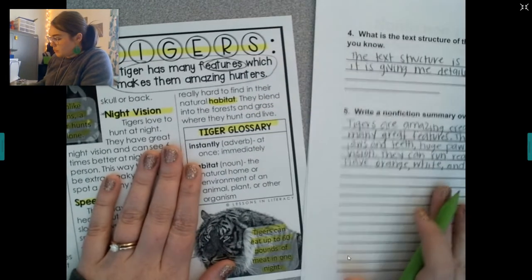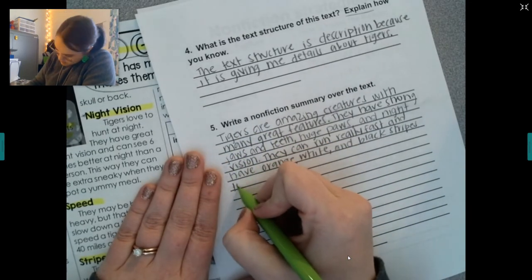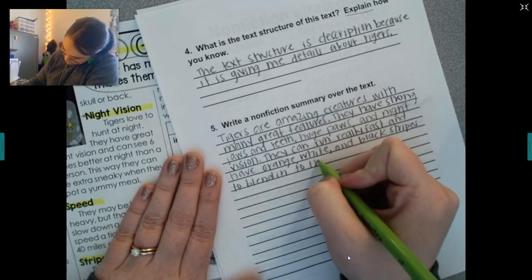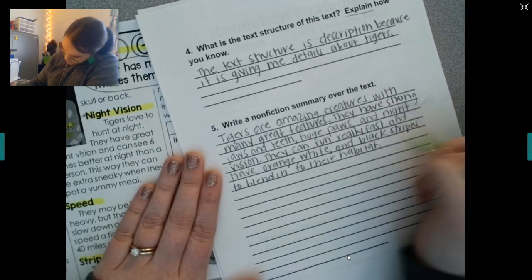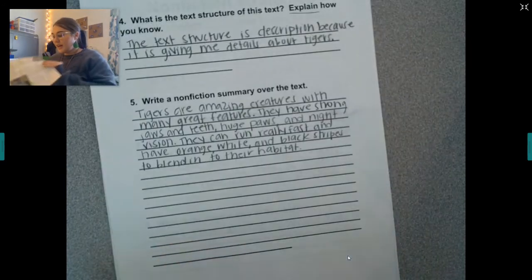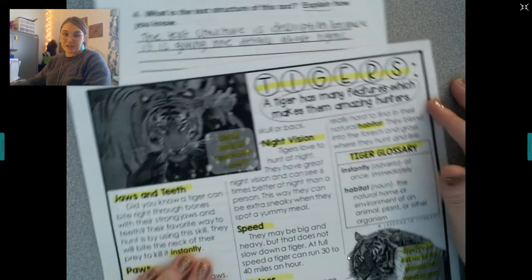And it says to blend in to their habitat. So that's my summary. Yours might not have been exactly like that, but as long as you got in every detail, a little bit about every single heading, then I think that you're good.